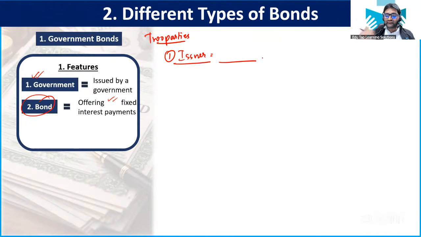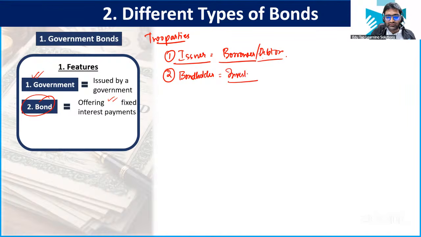Yes, borrower, we can call them borrower or debtor, because they are the ones borrowing, who have the debt on them. On the other hand, we have the bond holder, who is also called the investor or lender.